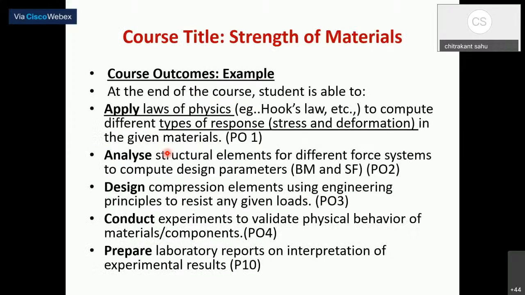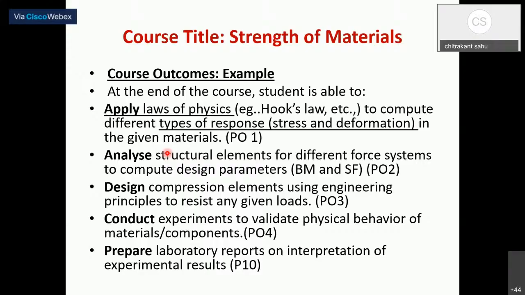Okay, so some examples of the course outcomes, let's say strength of material is one subject. In that there are some course outcomes written like this. Apply the law of physics, let's say Hooke's law, to compute the different types of responses, stress and deformation in given material. So this can be one course outcome, and it is easily correlated with program outcome one.